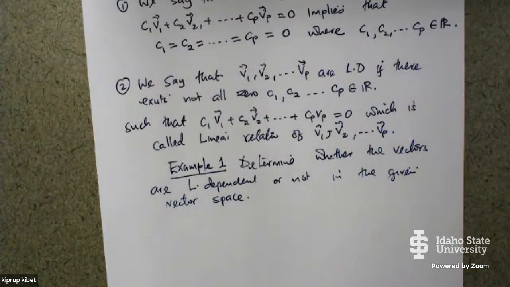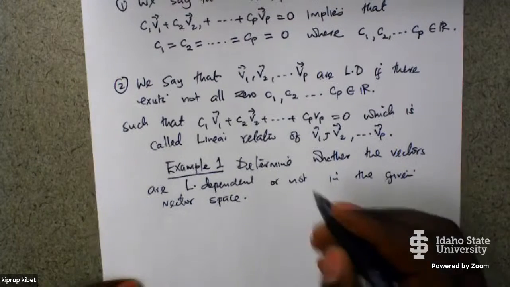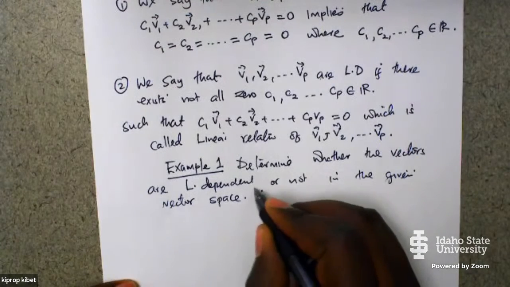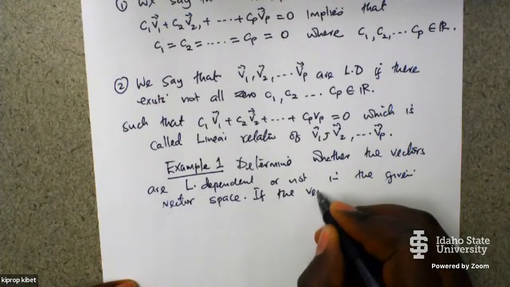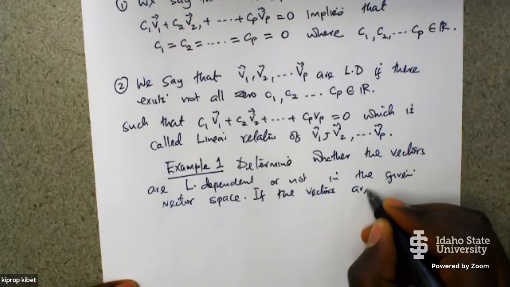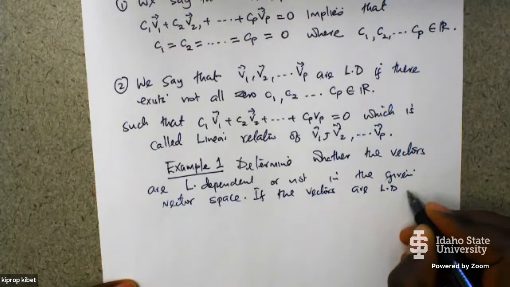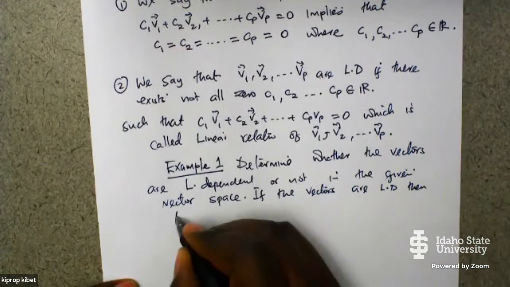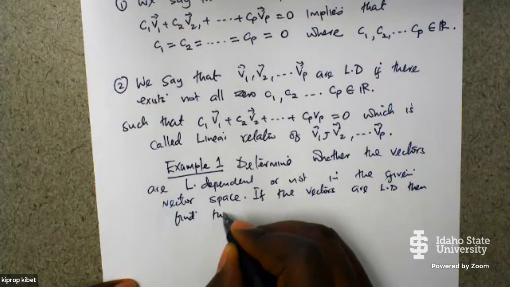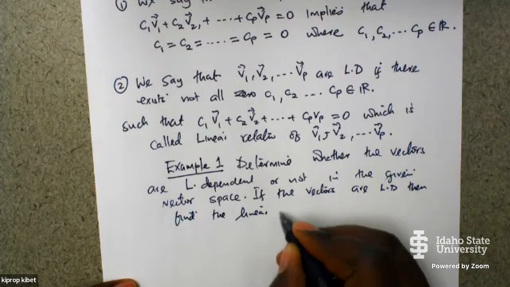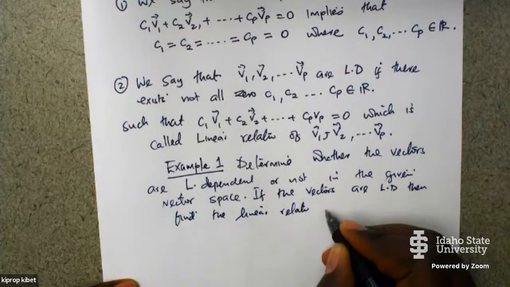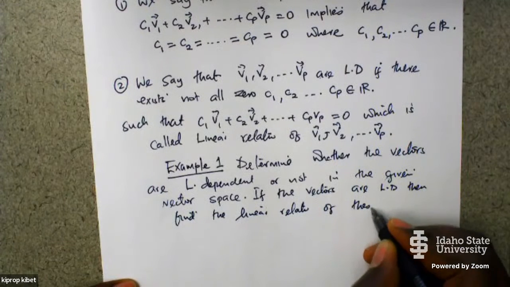Determine whether it's linearly dependent or not. If they are linearly dependent, then get the linear relation. So we can also say, if the vectors are linearly dependent, then find the linear relation of these vectors.